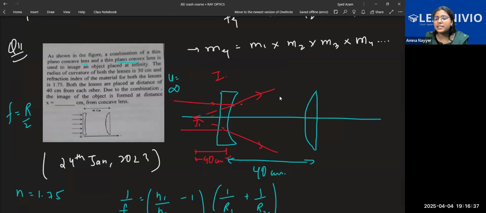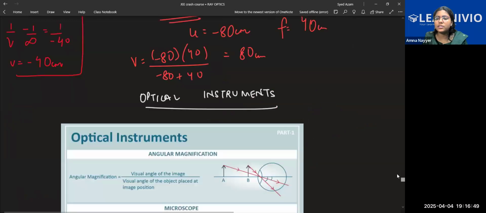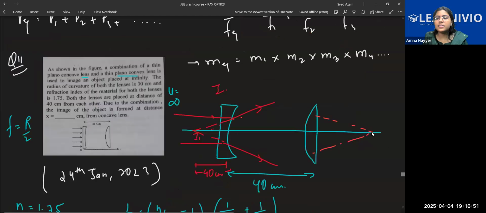The rays strike this, and somewhere we are getting the image. Is it positive? Yeah, we are getting this as positive. This is the final image that we have, let's say I. This is 40 centimeter what we are getting, right?